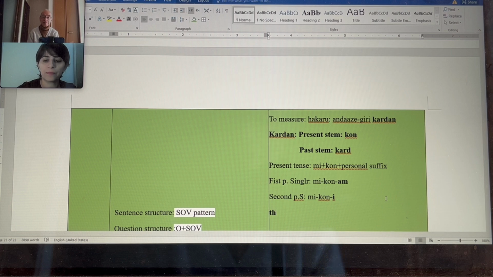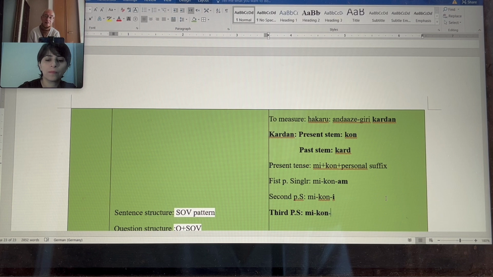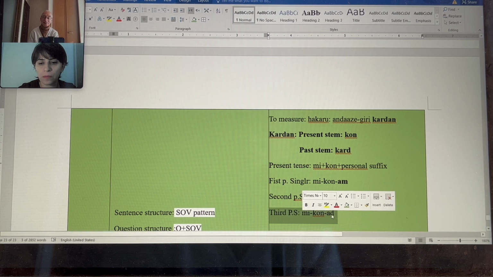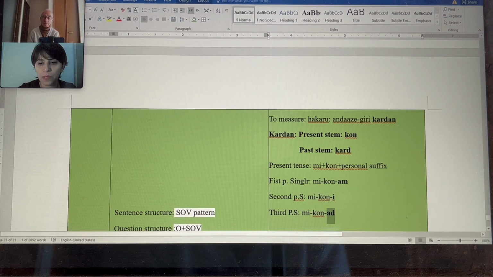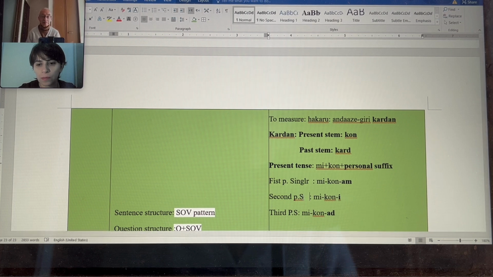Third person singular, mikonad. So this is the personal suffix for the present stem. So mikonam, mikoni, mikonad.